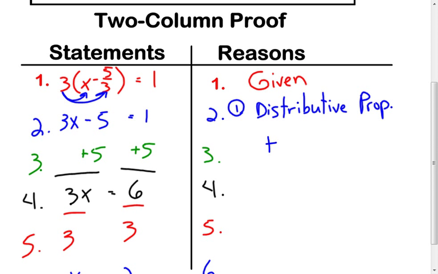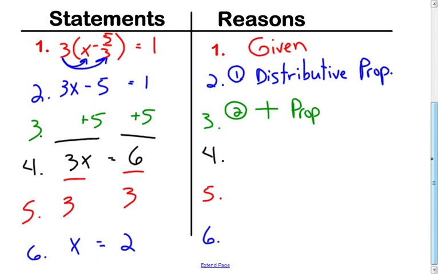So I'm going to use the addition property. And I've stated it. Now, my reference number, well, I needed to have statement 2 to be able to do number 3. Technically, I needed 1 also, but we're only going to write down the statements that we directly needed. Go on here to step 4.